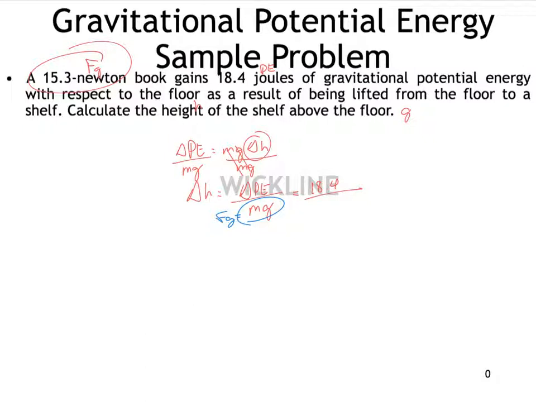So instead of taking this number, dividing it by 9.81 to get a mass, and then multiplying it by 9.81 because that's what the equation says, I'm just going to take this value and put it in here, 15.3. And the value I get for that is 1.20 meters.